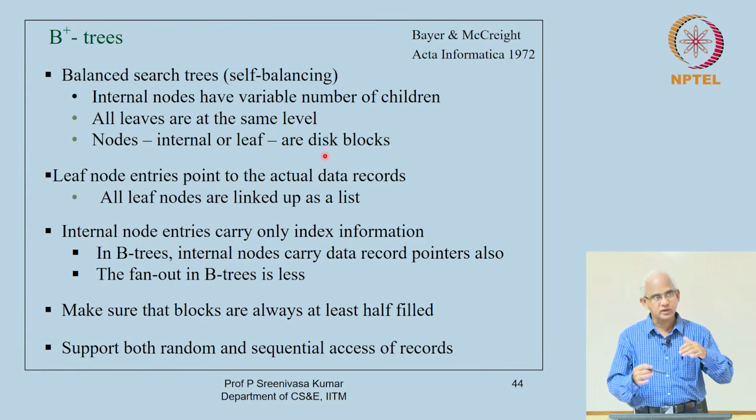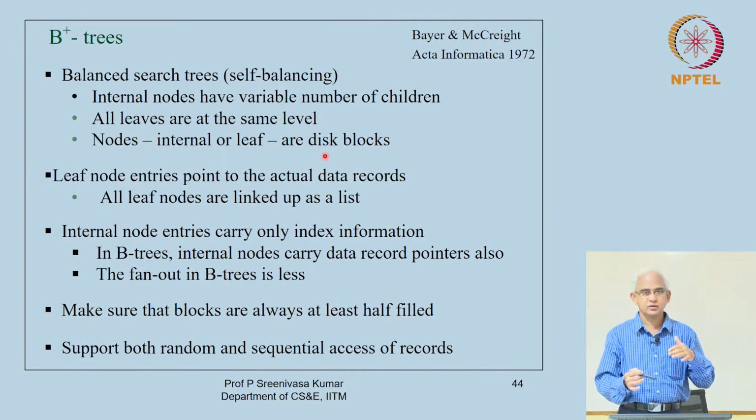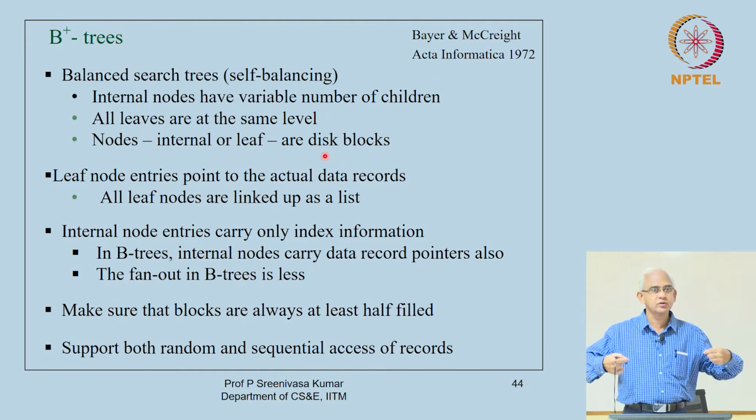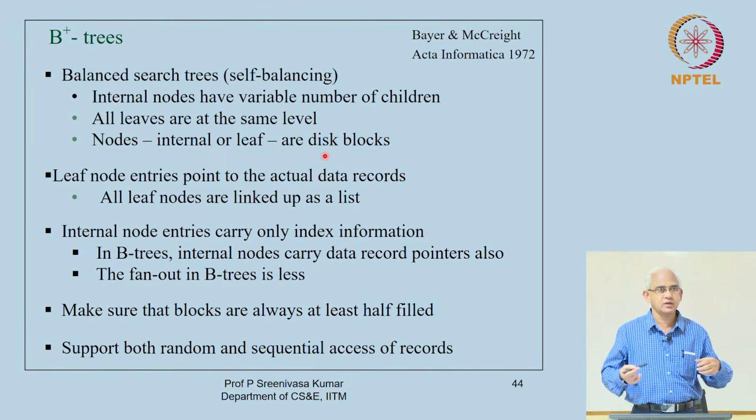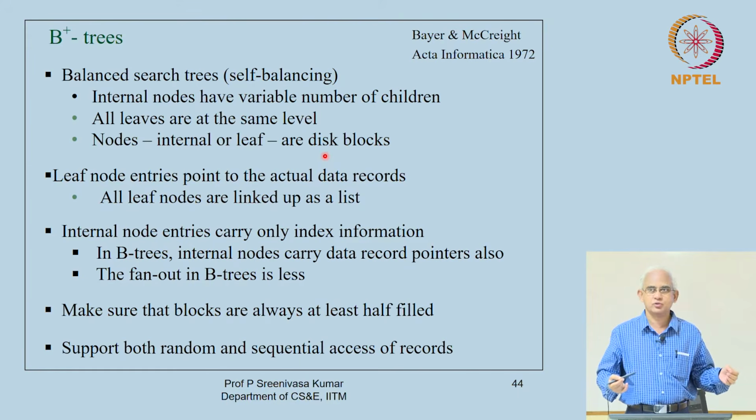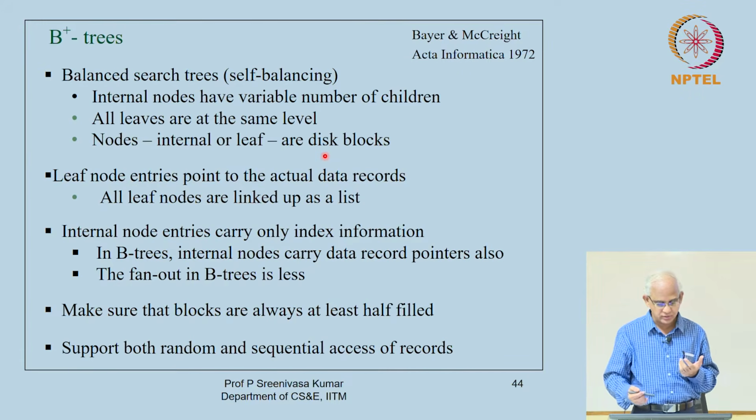Now, if your fan out is high, then in the first level you have 150 children, in the next level you have 150 times 150 nodes, in the third level you have 150 cubed. If you sum it up, you can see that the structure can accommodate a huge number of nodes by just using 2 or 3 levels. So, that is one great advantage of these structures.